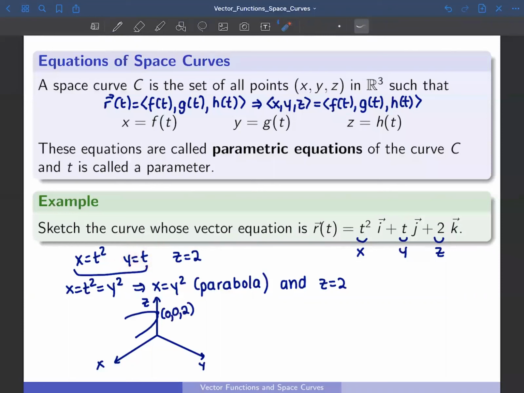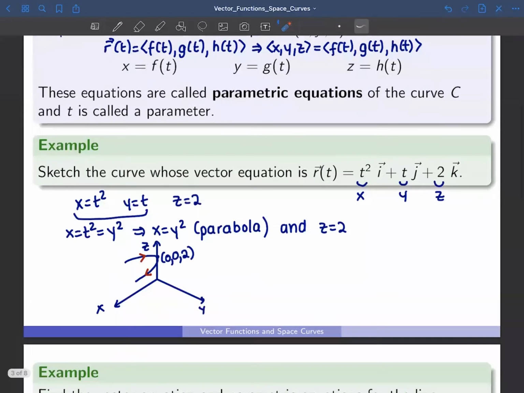That gives us the direction of the parabola, which will be like this. So we go from more negative t's and more negative y's to more positive t's and more positive y's.